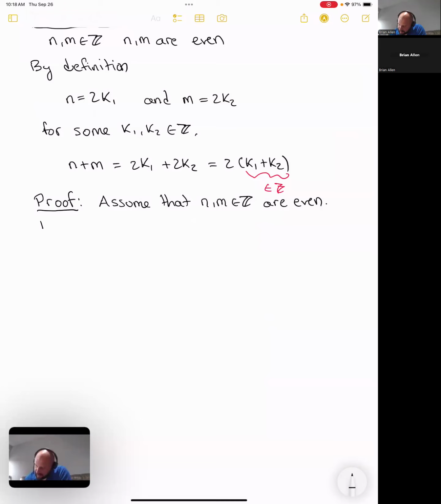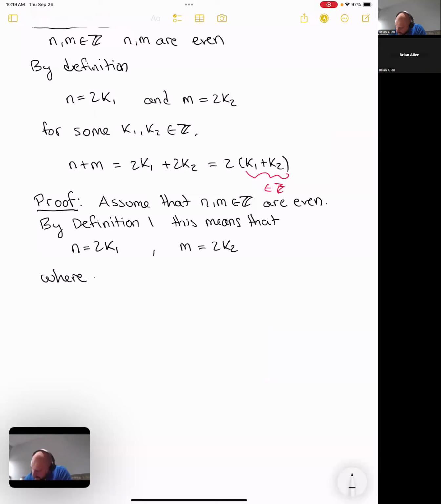Okay, by definition, this means that n is equal to 2 times k1 and m is equal to 2 times k2, where k1 and k2 are integers. Okay, so far we're just communicating to the reader what our assumptions are and using the definition to rewrite n and m in this convenient way.